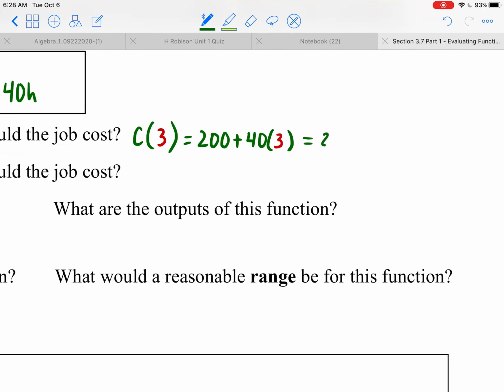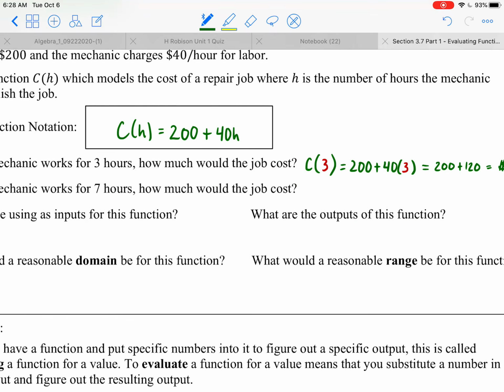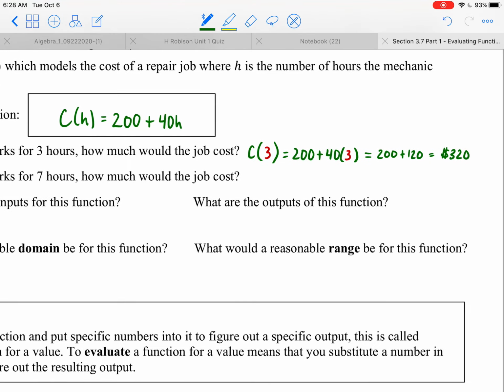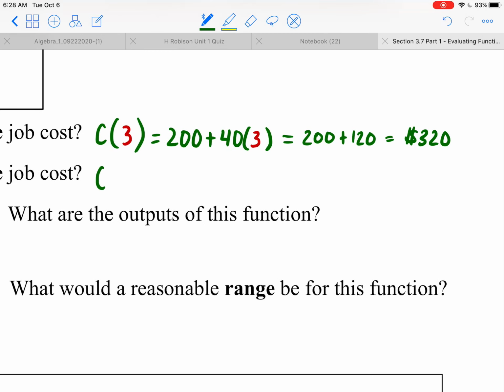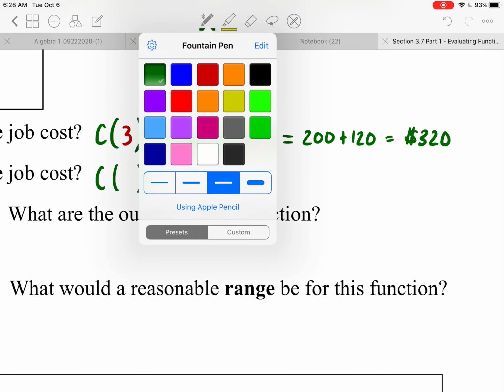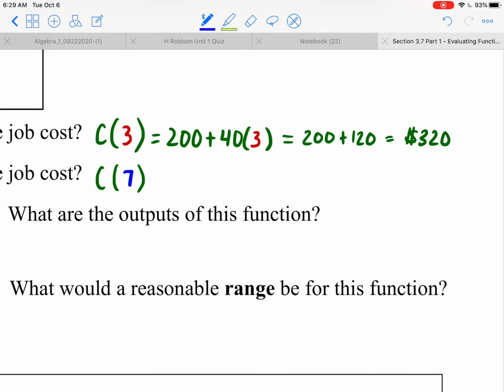So this would be 200 plus 120, right? 40 times 3 is 120. So that would be $320. If they're going to plan on working on it for 3 hours, it'd be $320. Okay? If the mechanic works for 7 hours, how much would the job cost? Again, it's the same idea. We're going to do C of 7, because I would like to know if my input was 7, what would the output be?